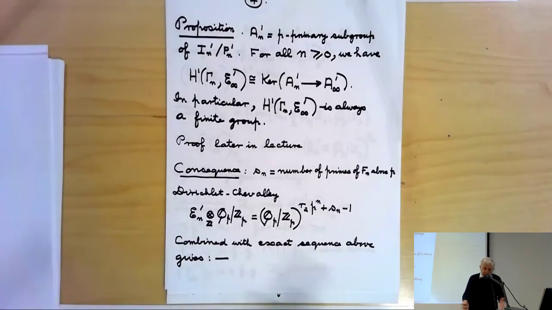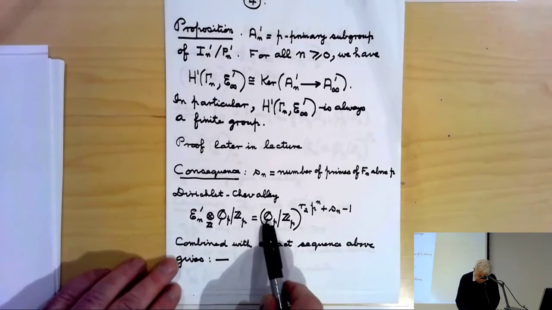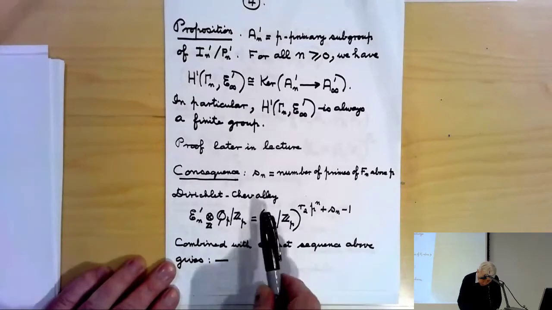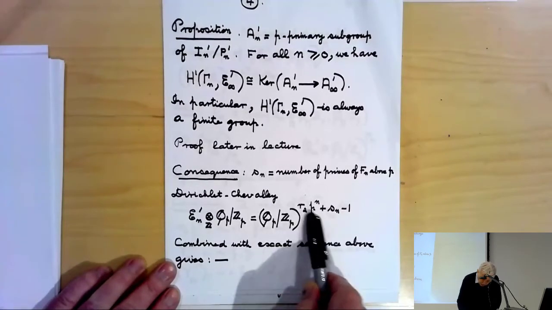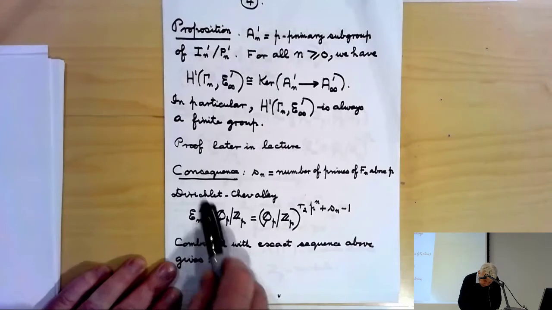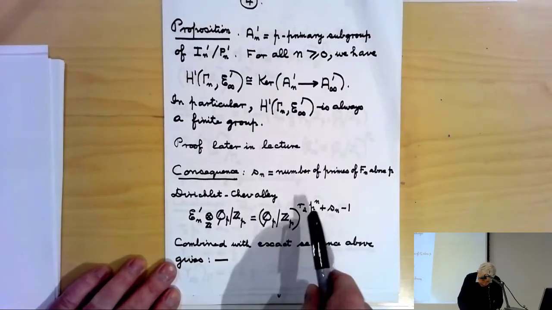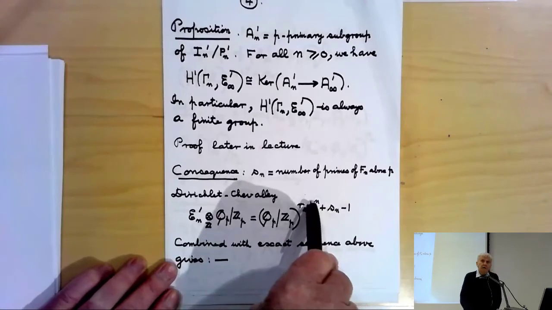We know it's a divisible group, Qp mod Zp, to the rank of En prime as a Z module, and that, of course, is R2 times P to the n.